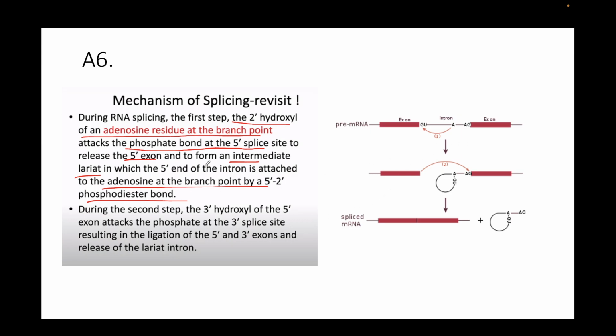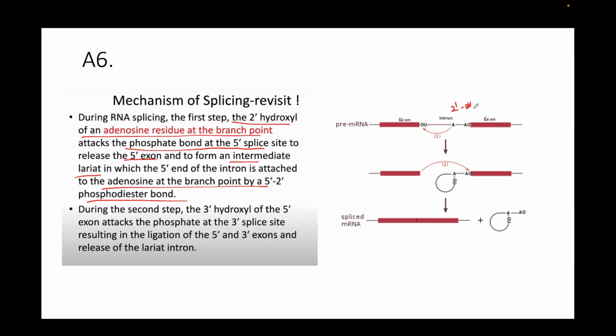What is written here is explained in the figure. If you see the 2' OH, OH means hydroxyl group. This 2' OH group of adenosine at the branch point, and since we are talking about the branch point and lariat, that means we are talking about group 2 intron splicing, not group 1.